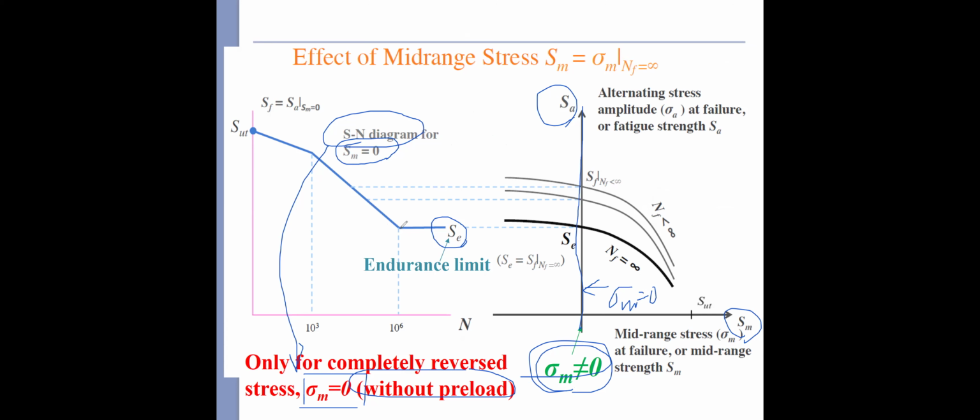So we can figure out the endurance limit right here, and we can figure out the sigma A corresponding to the different cycle numbers, here and here. For the number of cycles approaching infinity, that means the number of cycles is greater than 10 to the 6.